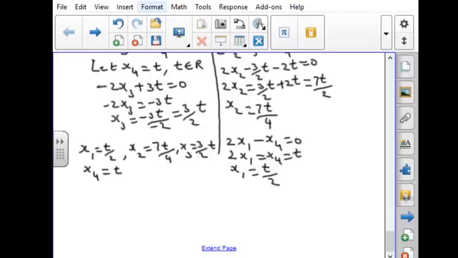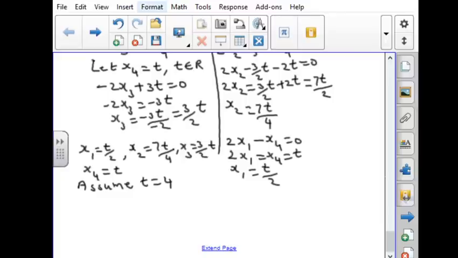Now we will take a suitable value for t to make these whole numbers. Let us assume t is equal to 4.